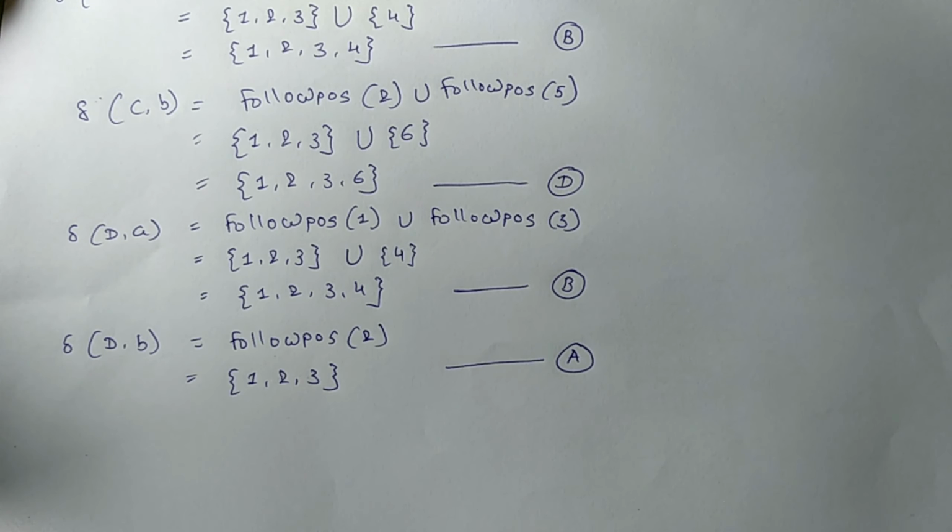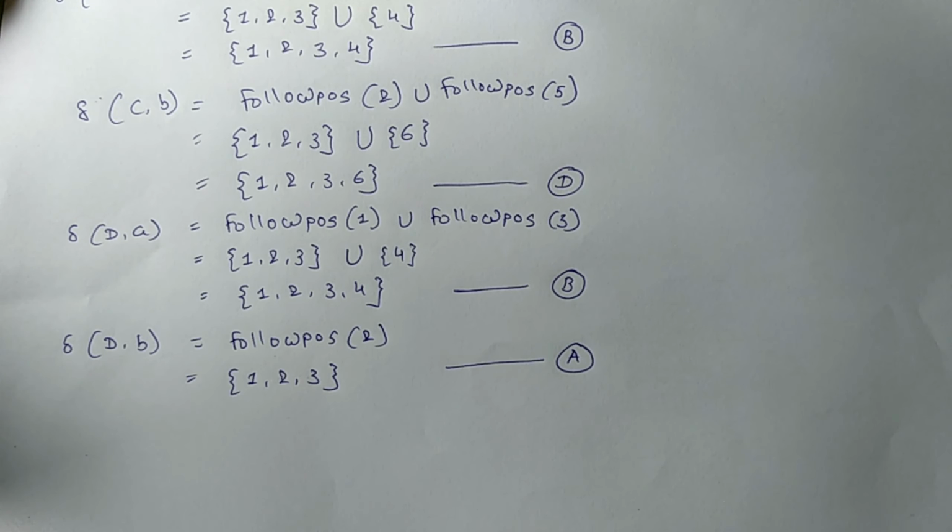A to A, B; A to B, A; B to A, B; B to B, C; C to A, B; C to B, D; D to A, B; and D to B, A.